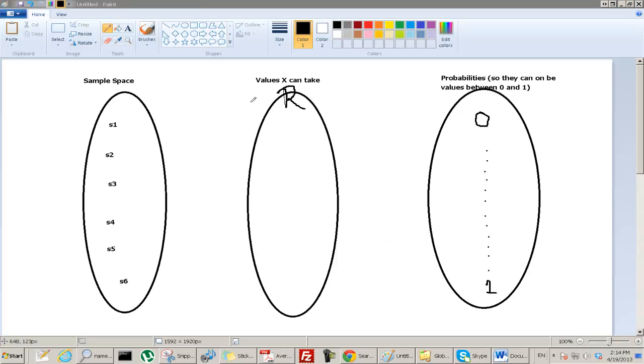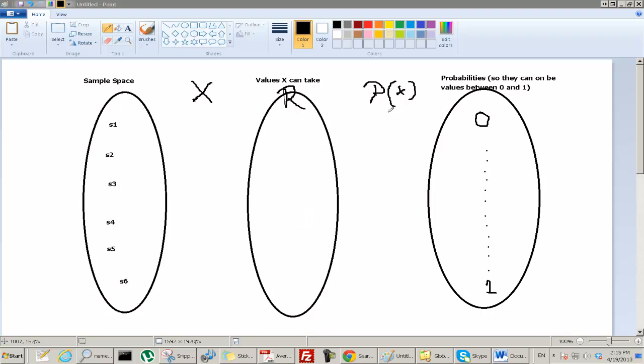So for those of you that like to picture it this way, we said that x was kind of a function that assigns to each element in the sample space a number, and that can be any real number.